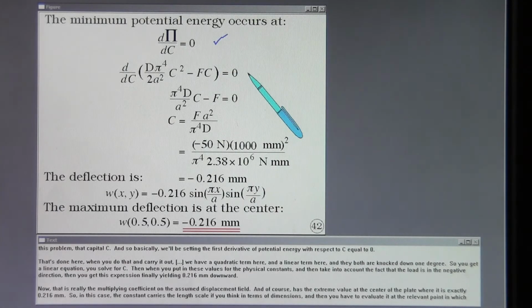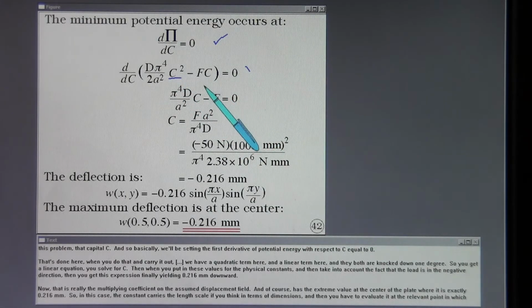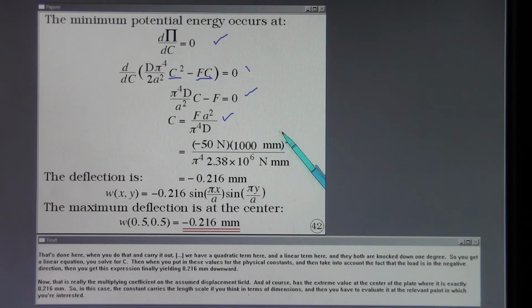When you do that and carry it out, we have a quadratic term here and a linear term here, and they both are knocked down 1 degree, so you get a linear equation. You solve for C. Then when you put in these values for the physical constants and then take into account the fact that the load is in the negative direction, then you get this expression finally yielding 0.216 millimeters downward.